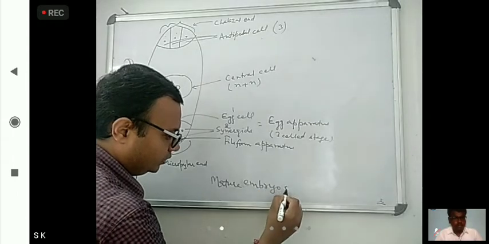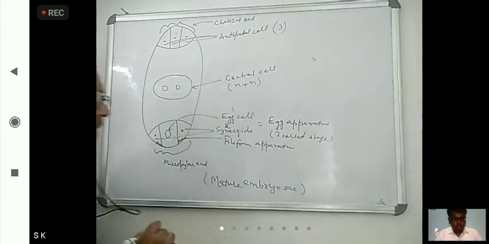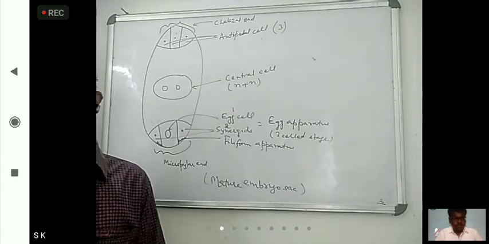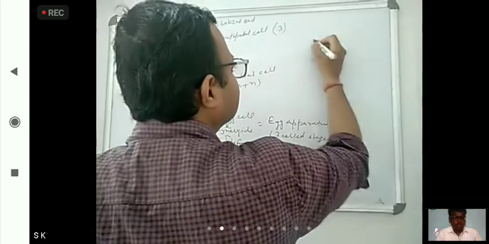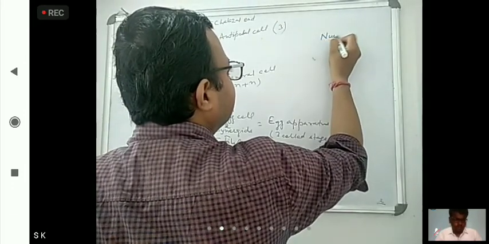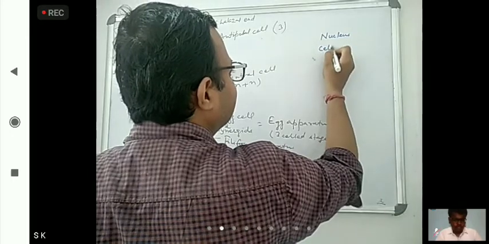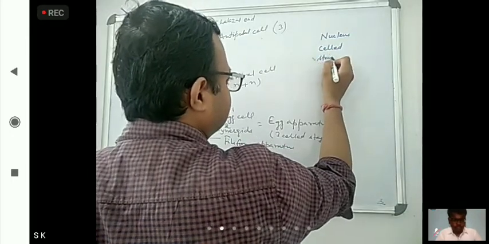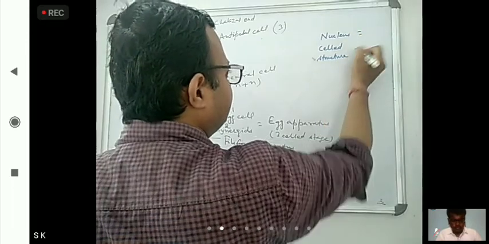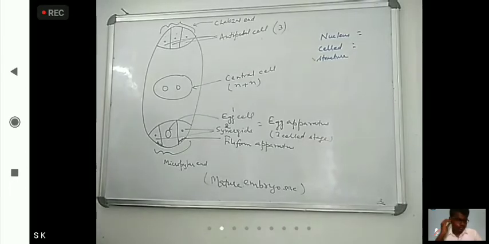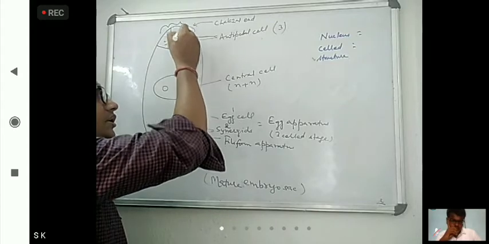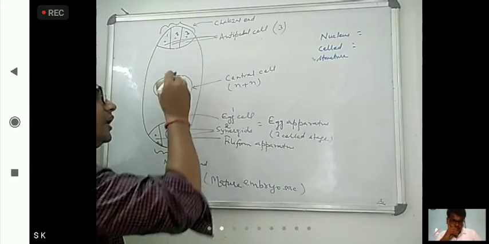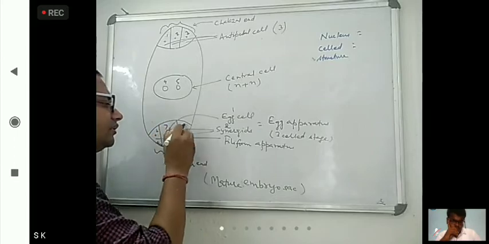Now here questions are asking, this is the figure of a mature embryo sac. The question will give this figure and ask how many nuclei and how many celled structure a mature embryo sac contains. Nuclei: 1, 2, 3, 4, 5, 6, 7 and 8.